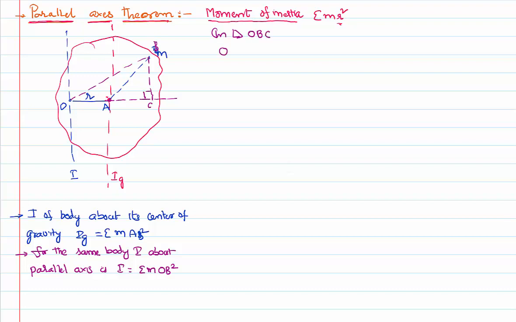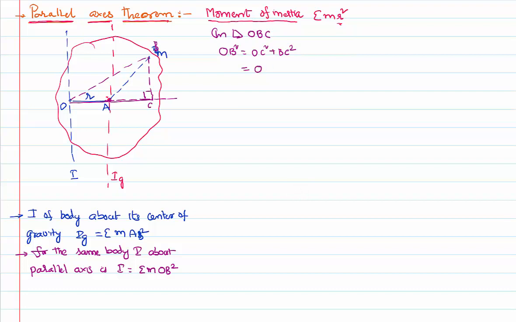Using the Pythagoras theorem, I can write OB square as OC square plus BC square. But I know OC is nothing but equal to OA plus AC. Let me substitute that.